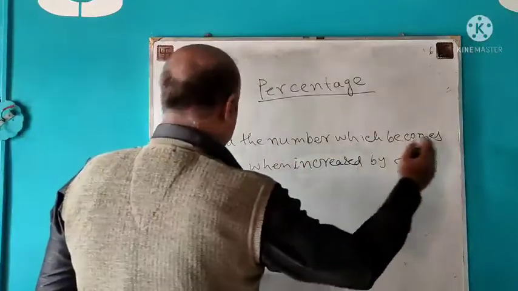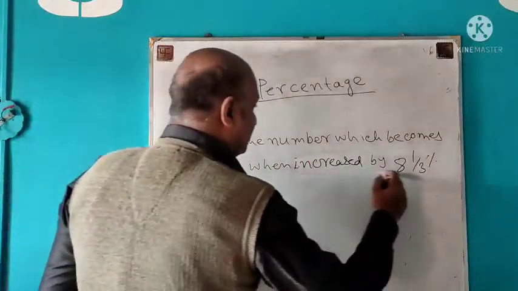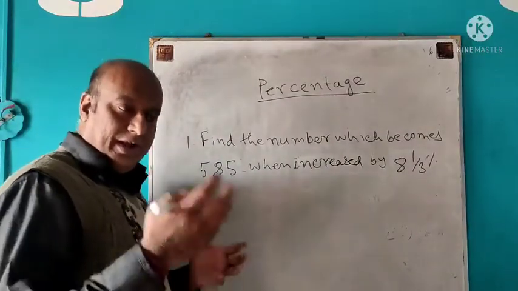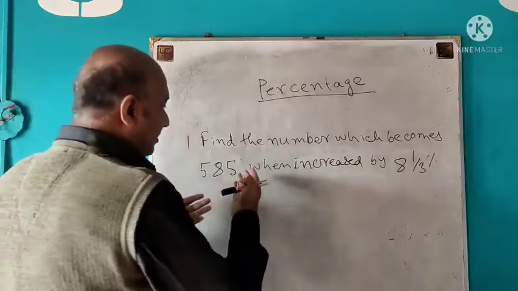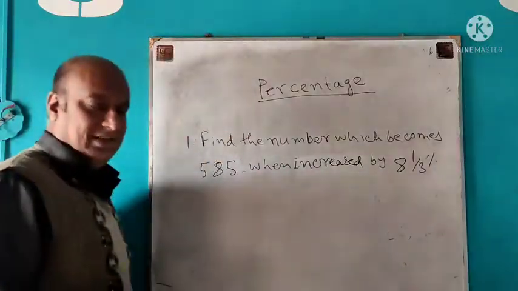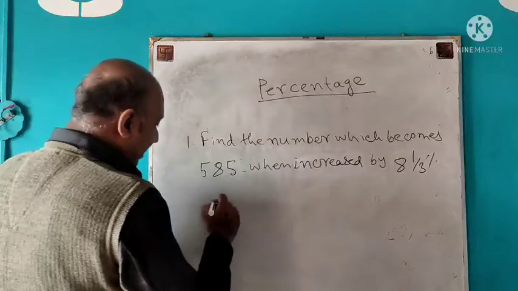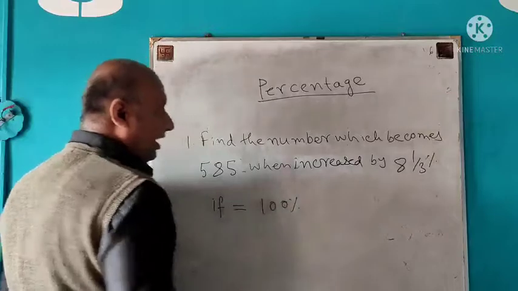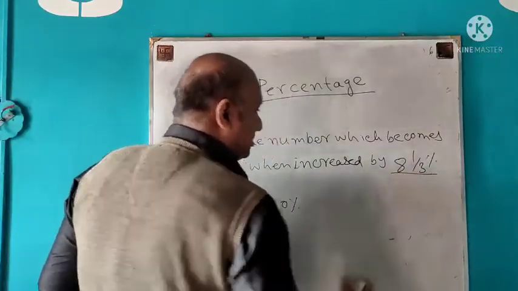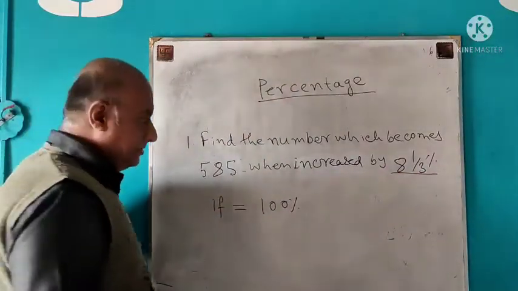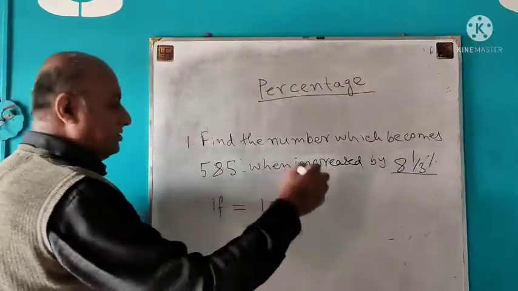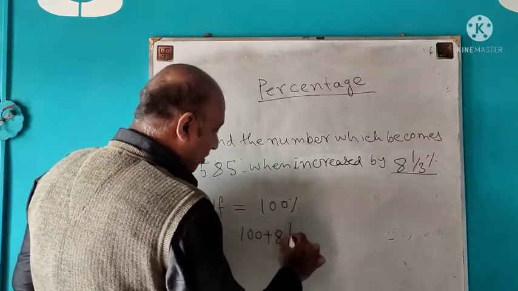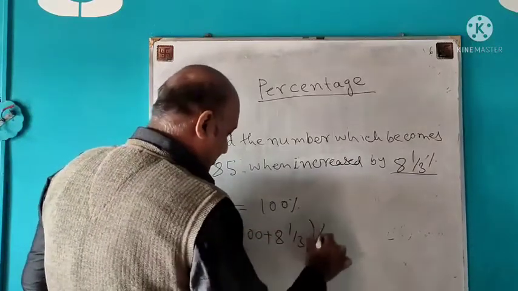Find the number which becomes 585 when increased by 8 whole 1 by 3%. So it is a similar type of sum. Now instead of decreasing we have taken increasing. So if my original number is 100%, and when this is increased by 8 whole 1 by 3%, the new percentage of the new number will become 100 plus 8 whole 1 by 3%.